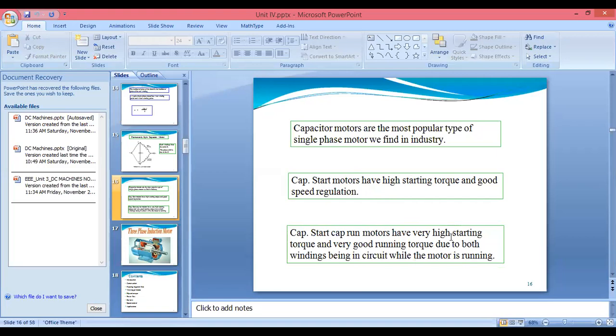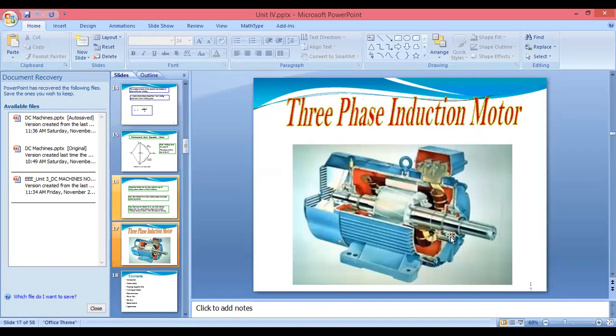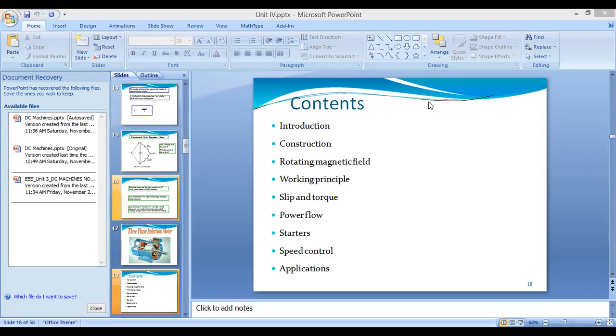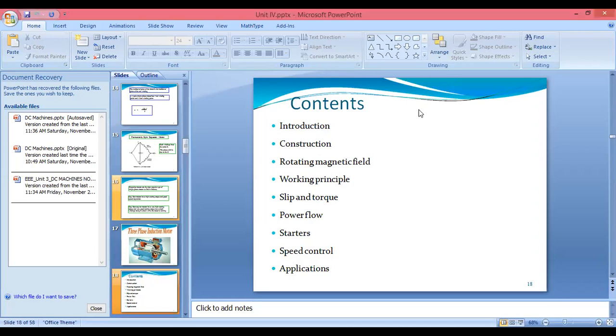Here we are supposed to study the three phase induction motor in our syllabus. These are the contents we are supposed to study: the construction, the rotating magnetic field, its working principle, slip and torque characteristics, power flow, starter, speed control methods, and some applications of the three-phase induction motor.